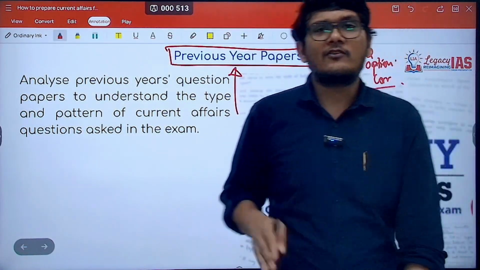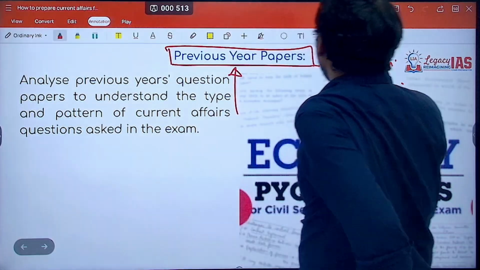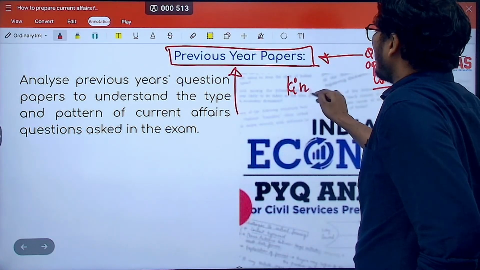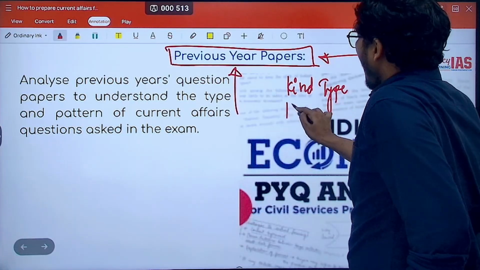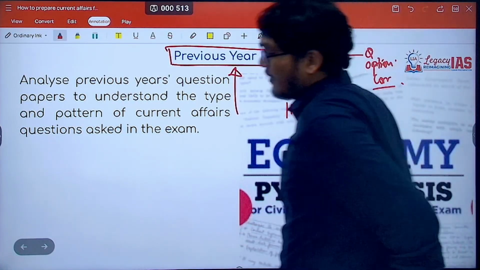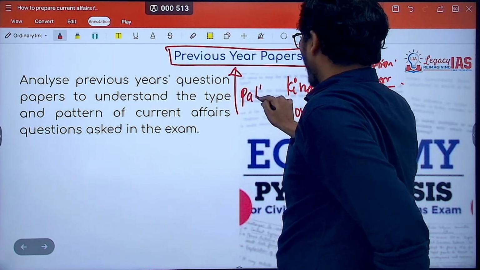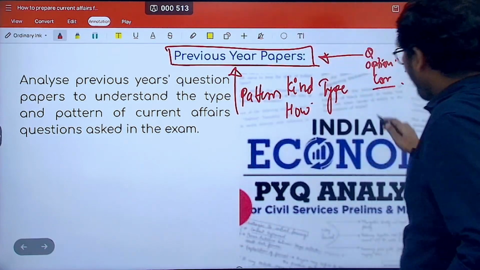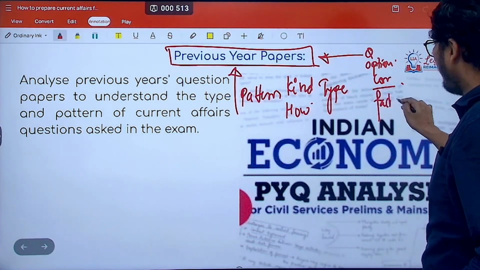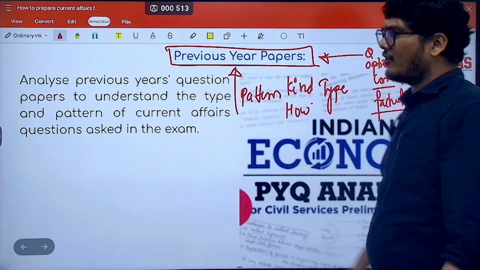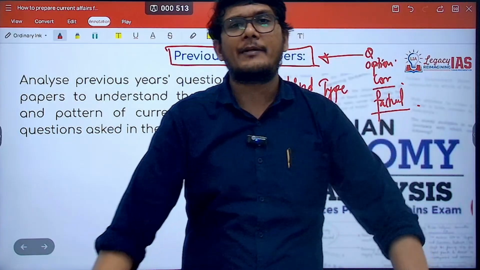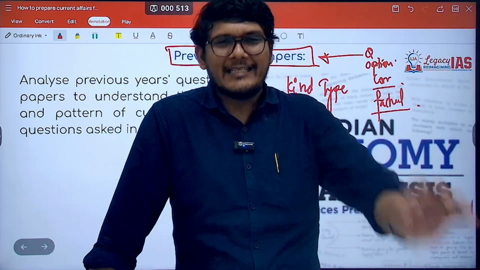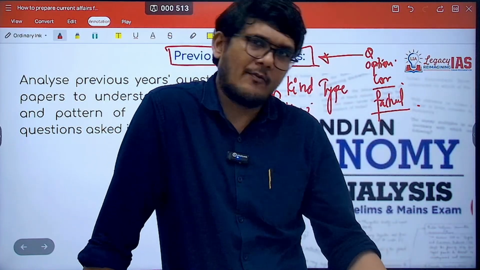The use of this is to understand what kind of questions are being asked, how are the questions being asked, what is the pattern of the questions. Are the questions too factual? Are they implementation based? So on and so forth. You learn so much about your preparation, about your question paper just by going through the PYQs.